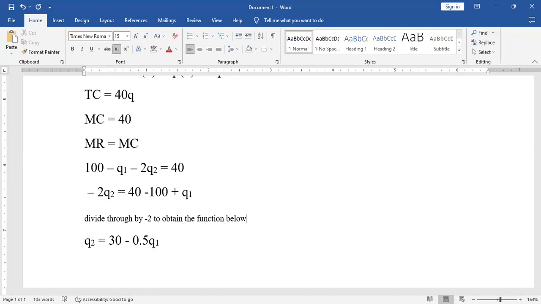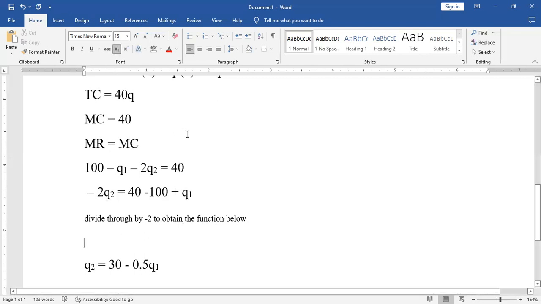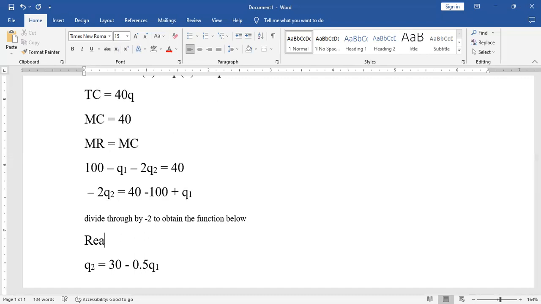So that's the reaction function for firm 2. This is the reaction function for firm 2.